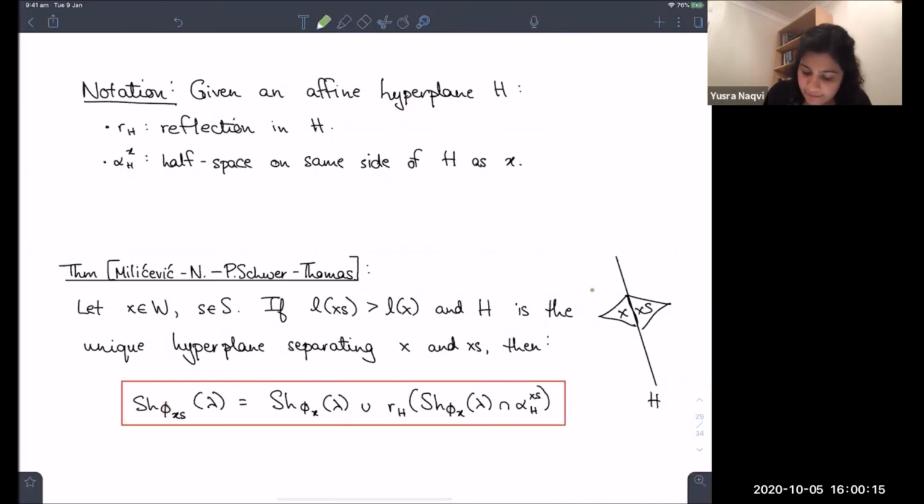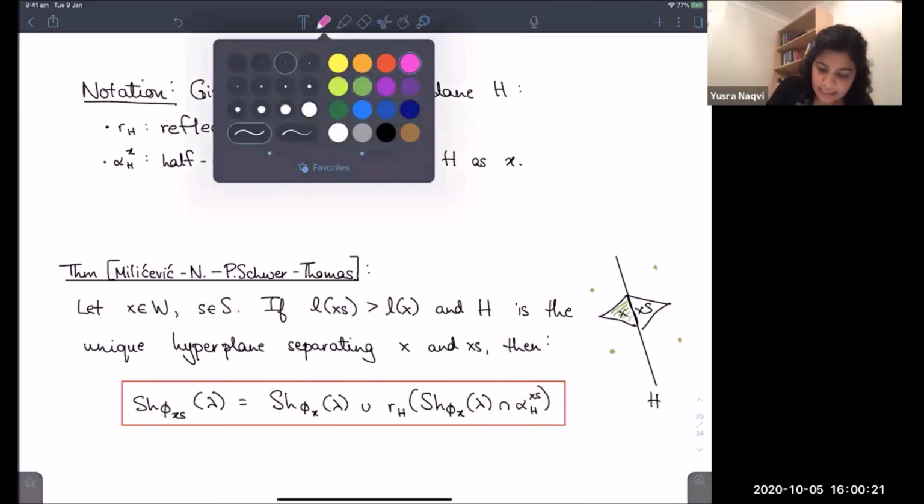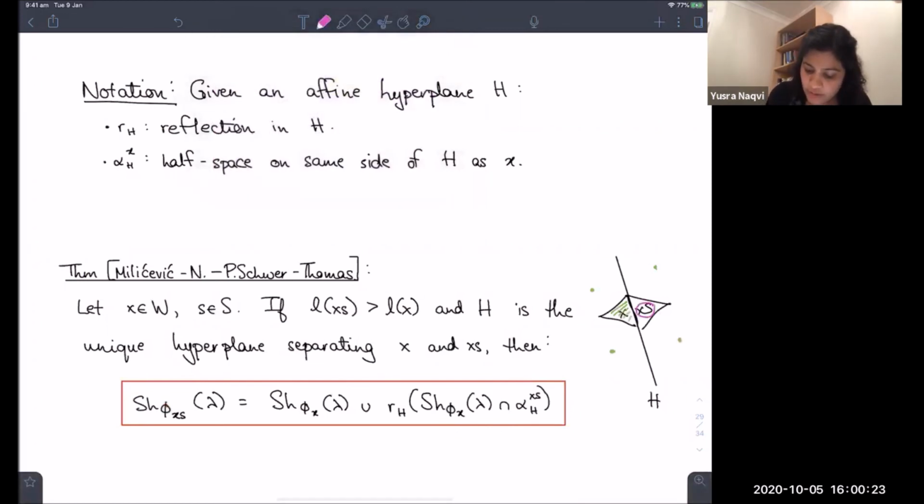So if I have a set of points that come from the shadow due to X, then in order to figure out what the shadow is due to this alcove that's further away, I would keep the same elements, but then I would also reflect in.